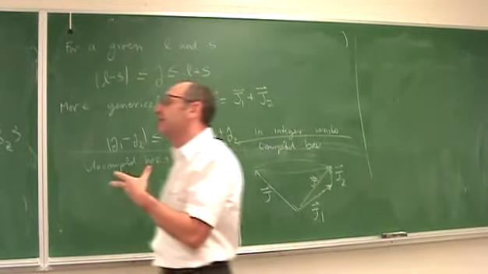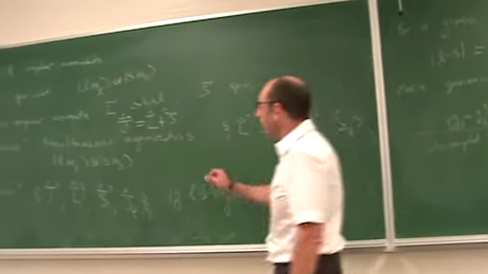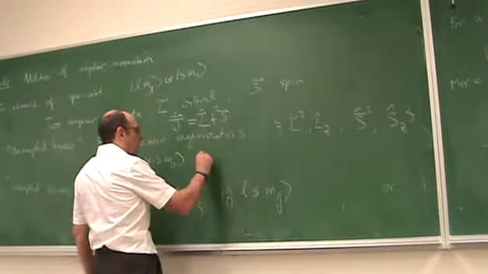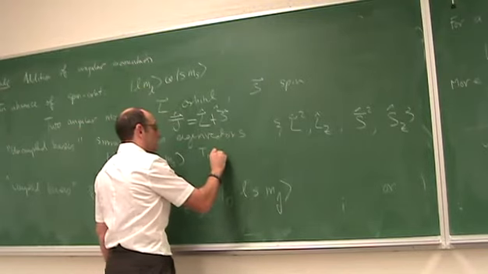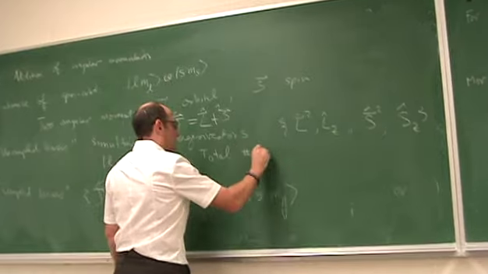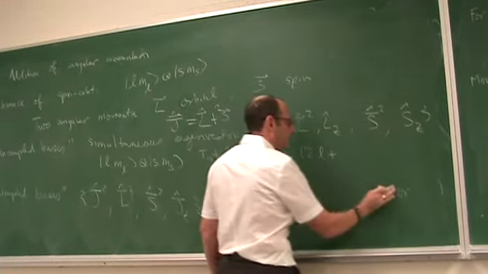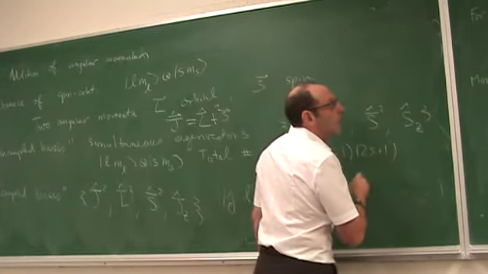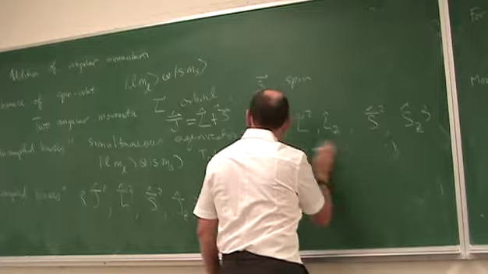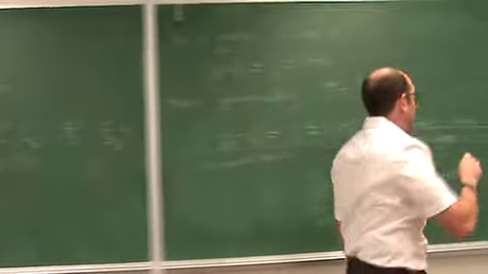By the way, how many different vectors are there within a given coupled set? In this case, we have the total number of states: I have 2L plus 1 times 2S plus 1. Well, maybe, sorry, let me just write this over here relative to the more generic case.